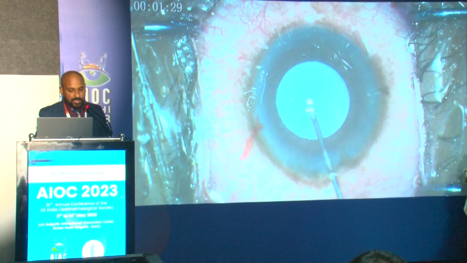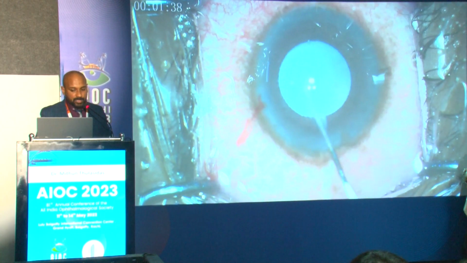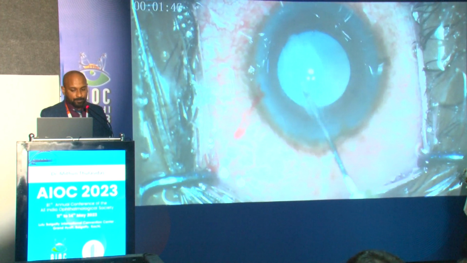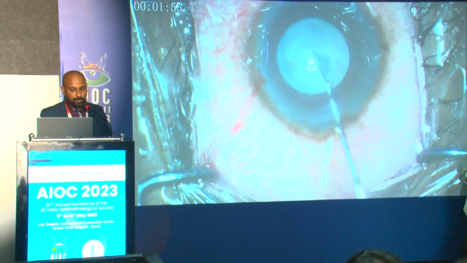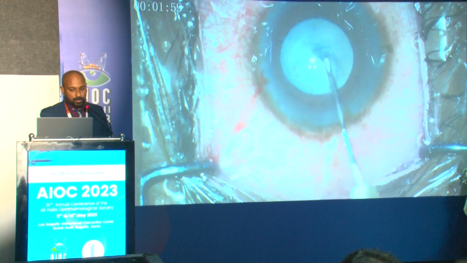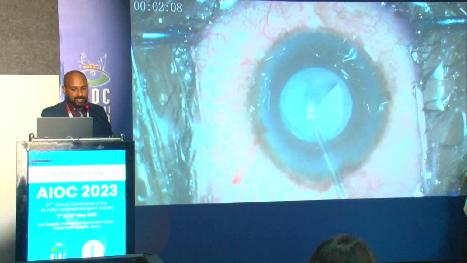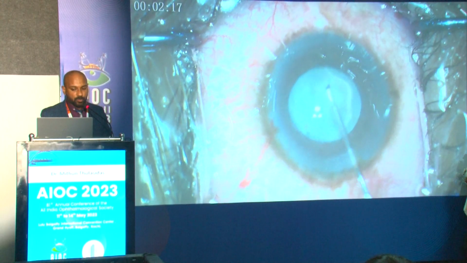So this is one case where there was a peripheral radial tear out actually. Once we start the rhexis, the fluid is getting washed away. And now you can see a small radial extension at this point.